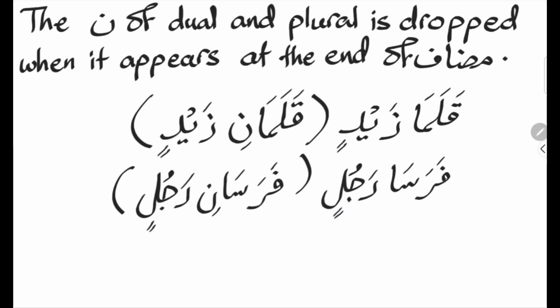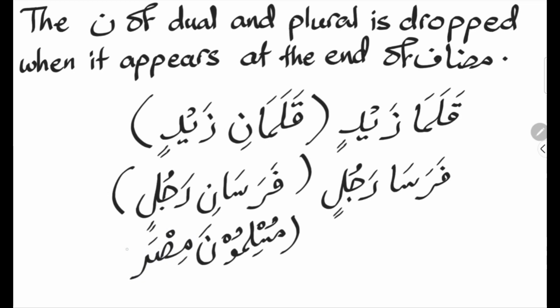If you take plural examples, for example, you want to say Muslims of Egypt. So Muslims, the plural for that is muslimuna. So originally it would be muslimuna Misra. Misr is Egypt. But when you actually write it down, you're going to drop the noon.